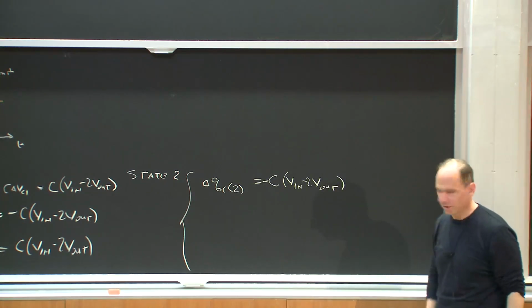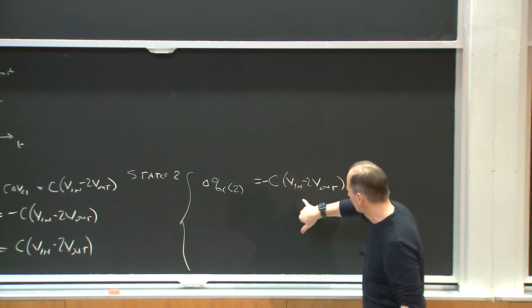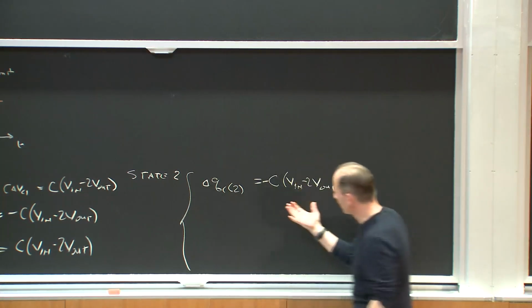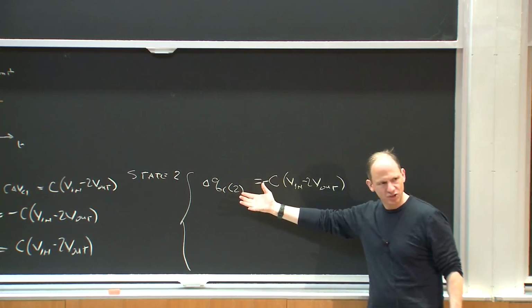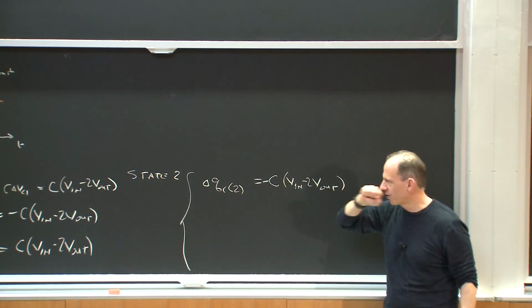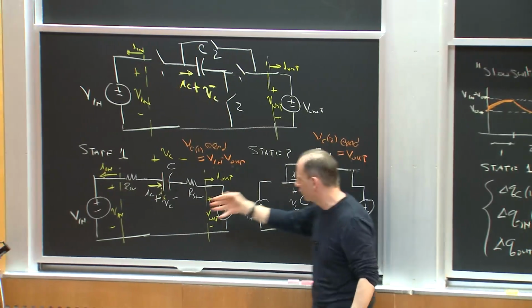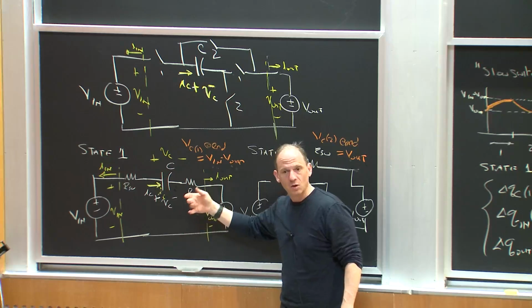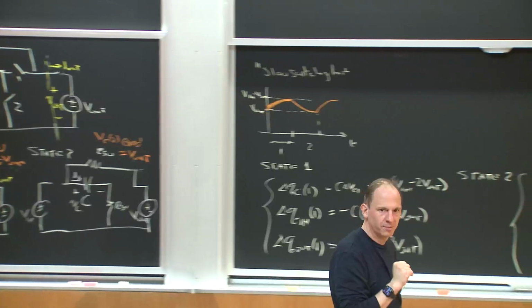Does everybody get what I just did? All I did was pull the minus sign out. Why did I pull the minus sign out? Because I want to emphasize that this is going to be a negative net charge. Another way to think about it: I'm running this converter back and forth between state 1 and state 2 in periodic steady state. What is the net charge that I'm going to transfer through the capacitor in periodic steady state?